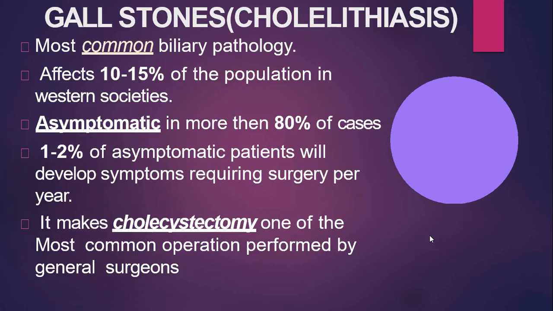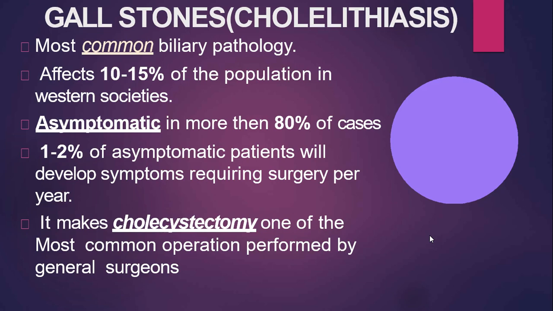Now coming to the topic, what is cholelithiasis? Cholelithiasis is gallstones in the gallbladder. It is the most common biliary pathology, affecting almost 10 to 15% of the population. Usually it is asymptomatic, in 80% of cases, but sometimes asymptomatic patients also require surgery.